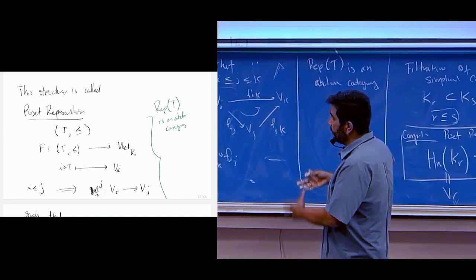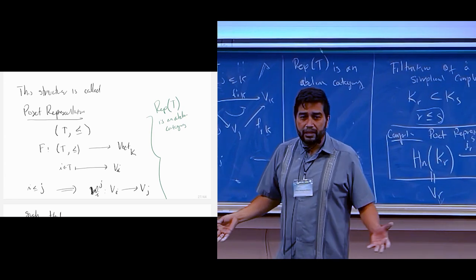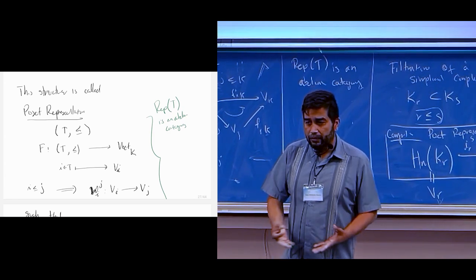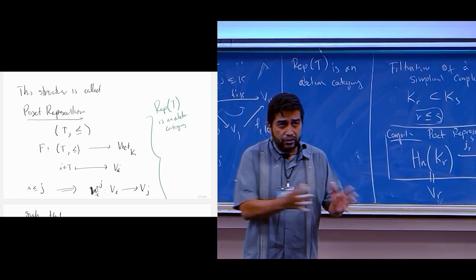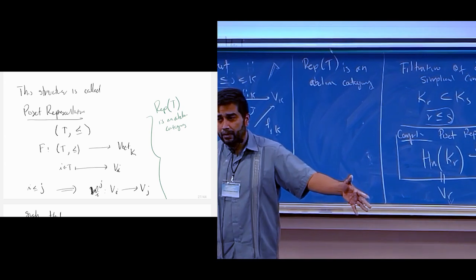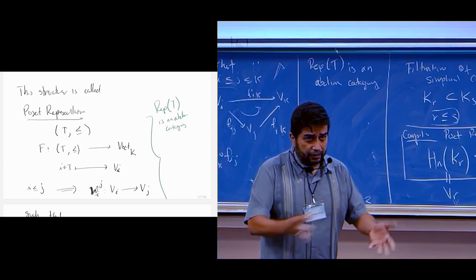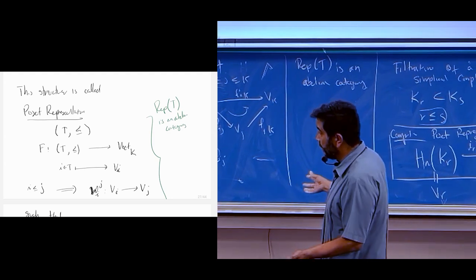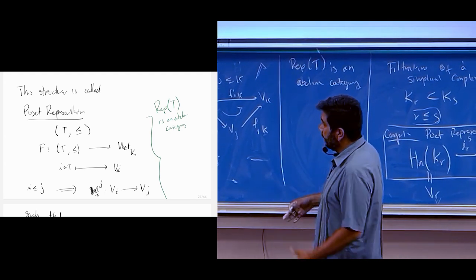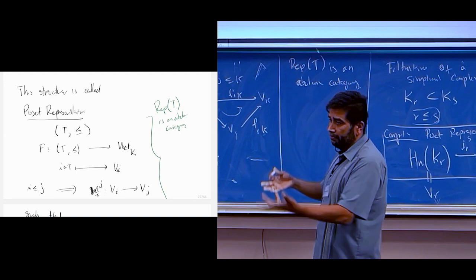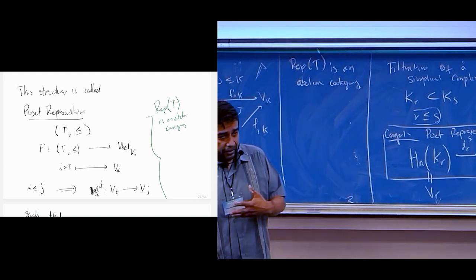If you have two representations, you can add them up. You can talk about functions between two representations, and you can add those up as well. You can do a lot of things, like taking kernels and stuff like that.